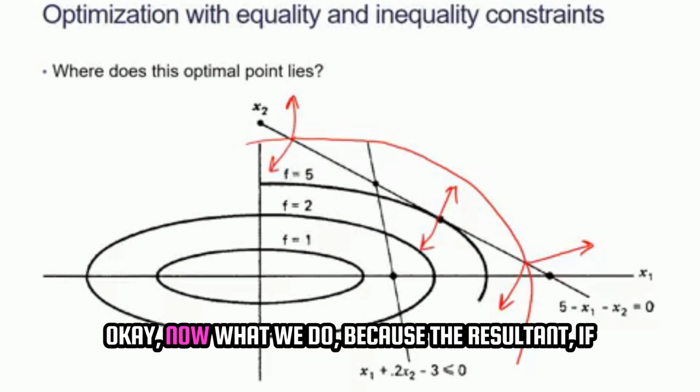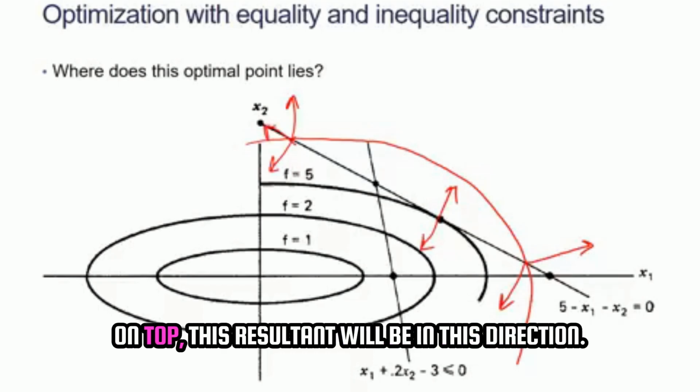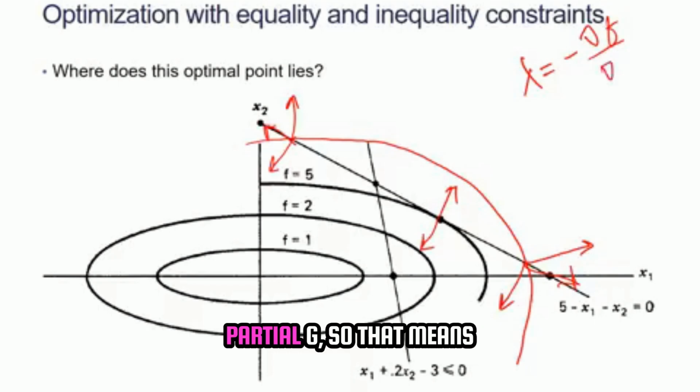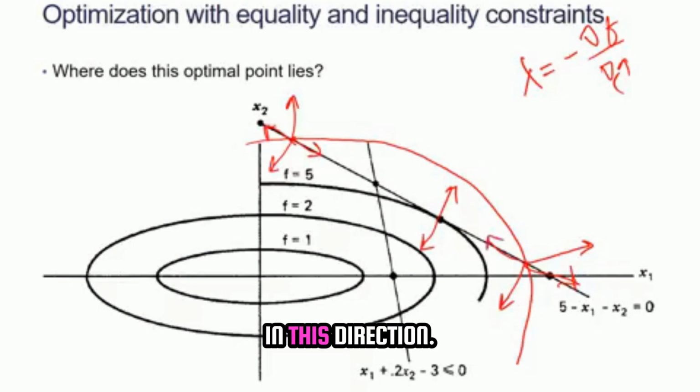Okay, now if you see the resultant of this, it will be on top, this resultant will be in this direction. And lambda is minus partial f by partial g, so that means the resultant will be in reverse direction. So you have to take the resultant in this direction.